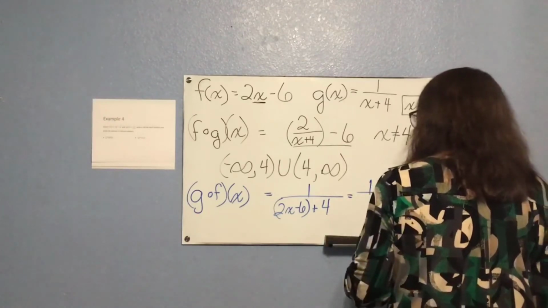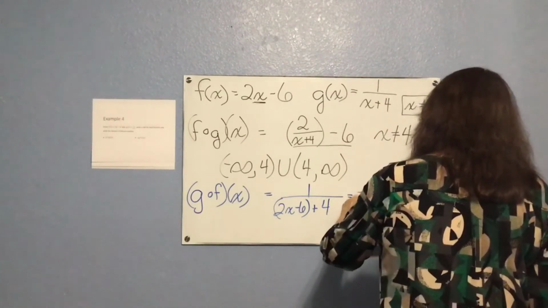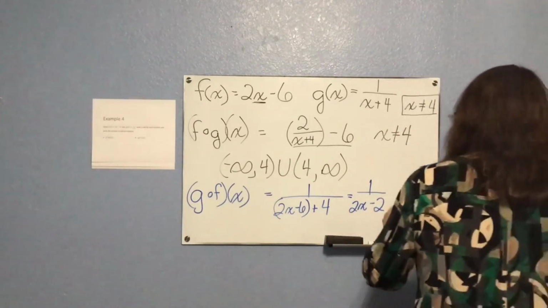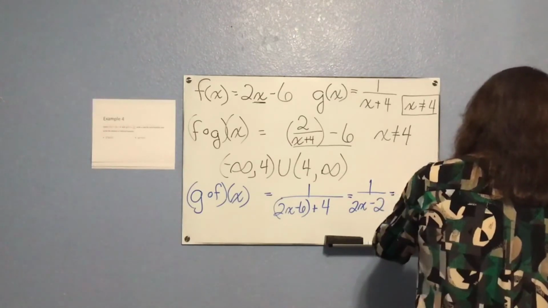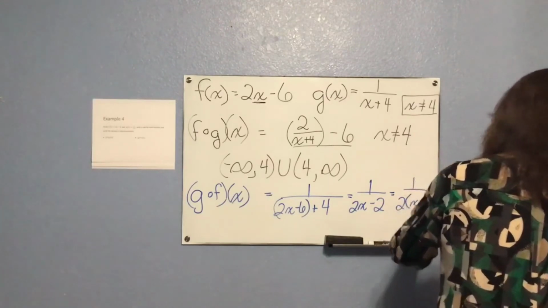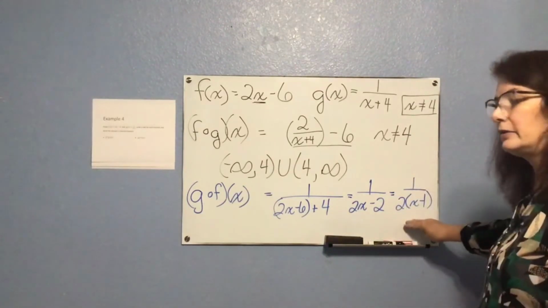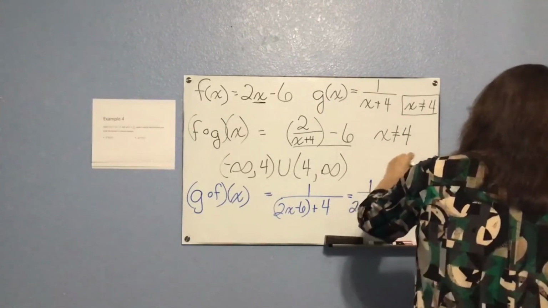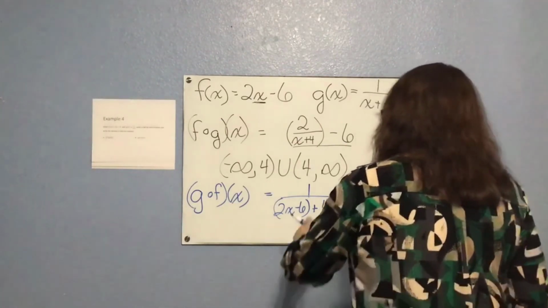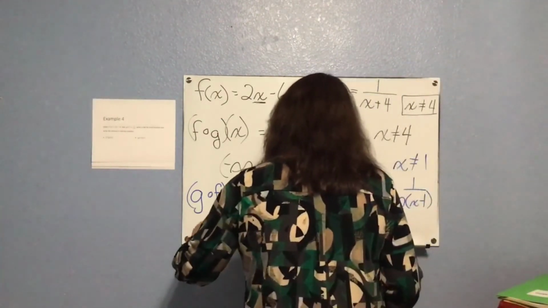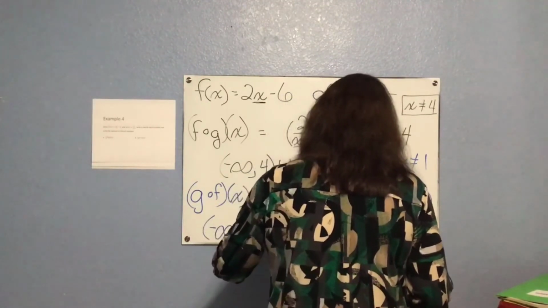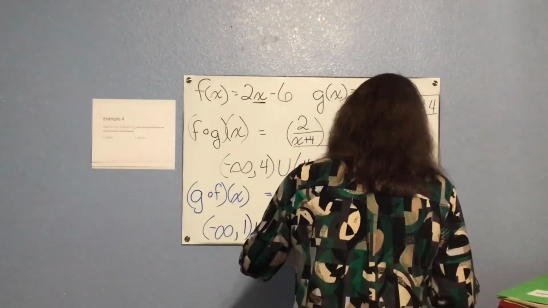I've got 1 over 2x minus 2. And I'm going to simplify just a little more and put 1 over 2 times x minus 1. That makes it very easy for me to see what's my domain restriction. x may not be 1. So my domain for this one would be negative infinity to 1 union 1 to positive infinity.